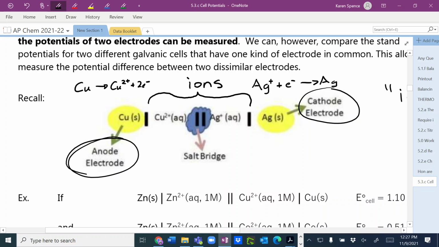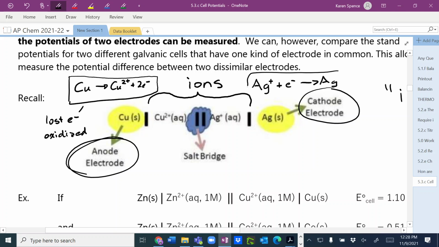So those would be our half cell reactions. So that's how you read one of those diagrams, okay? What's happening to the copper? It's being oxidized. It lost electrons, so it's oxidized. Silver gained electrons, so it's been reduced.